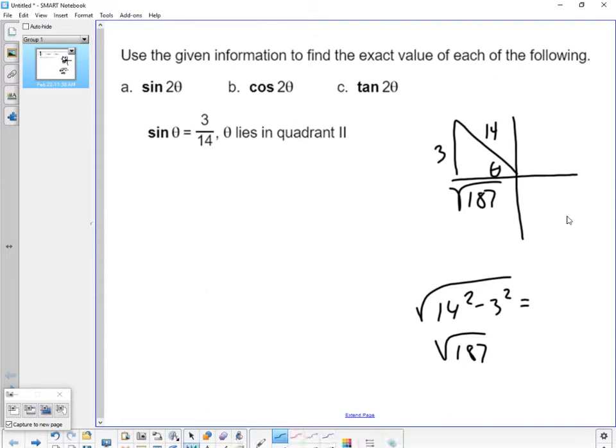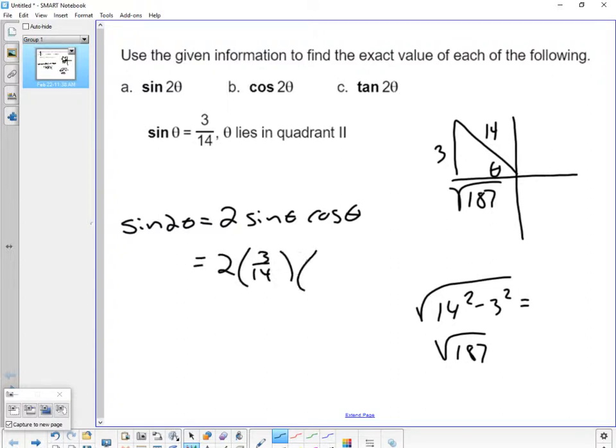Okay. What's my double angle formula say? Sine of 2 theta is what? I don't remember my formulas. I don't memorize. 2 sine theta cosine theta. So 2 times 3 over 14, square root of 187 over 14.